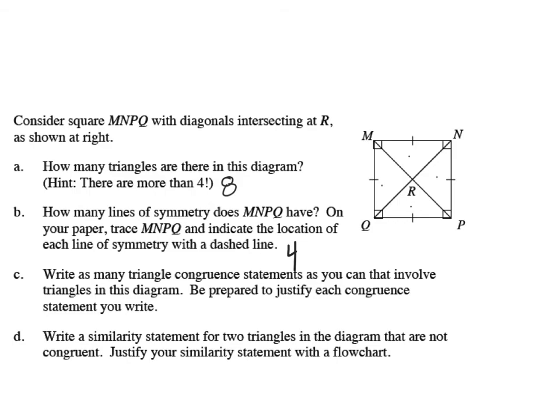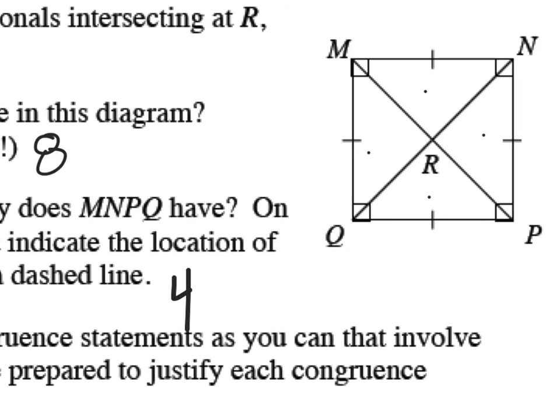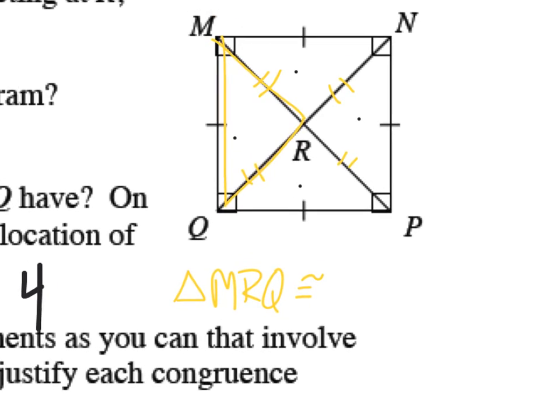Well, one set of congruent triangles, I know that since there are lines of symmetry here, I know that this side length is going to be the same as this one, which is going to be the same as this one, which is going to be the same as this one. So I know for sure I can say triangle MRQ is going to be congruent. So MRQ is this triangle right here. That's going to be congruent to all of the other smaller triangles there.